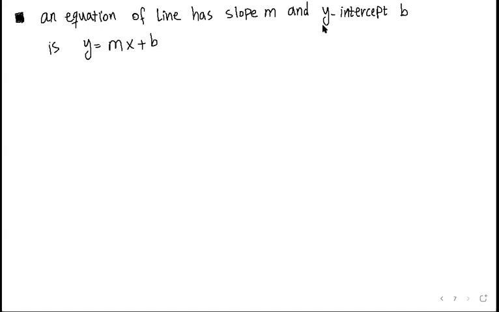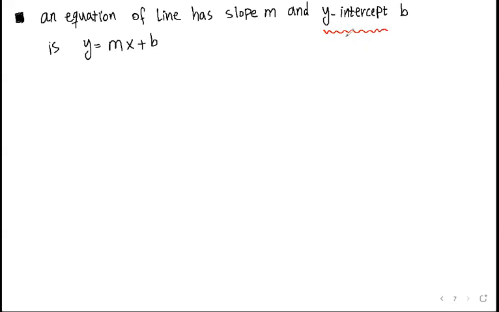Exactly. So it's the y coordinate of the point where the curve intersects the y-axis. And last time I said to find the y-intercept, just plug inside the formula x equals 0.